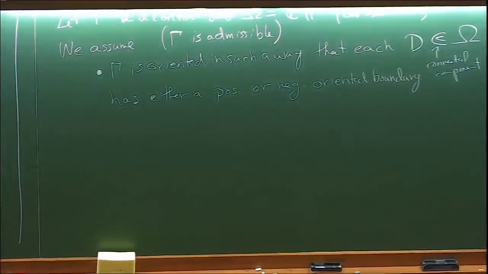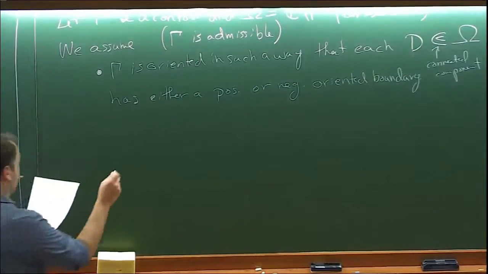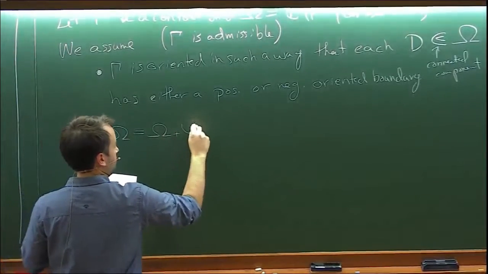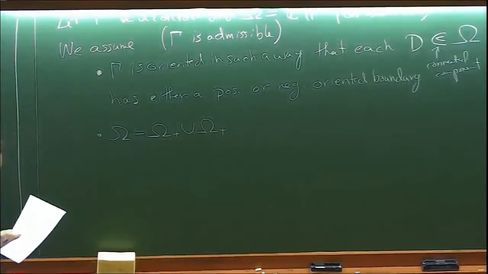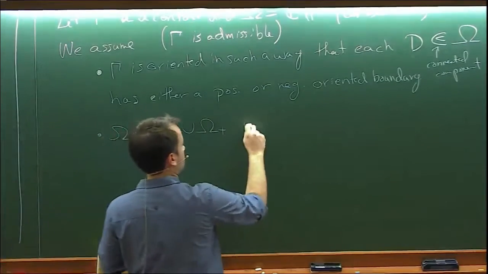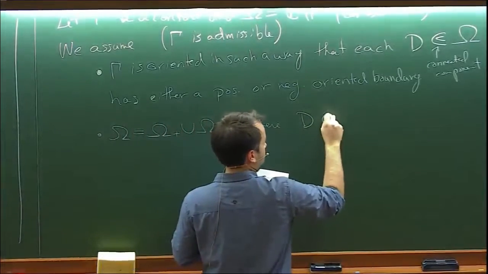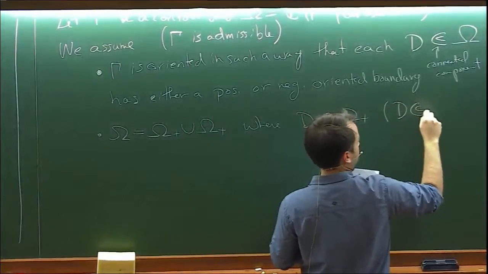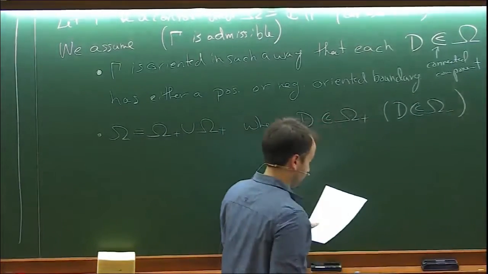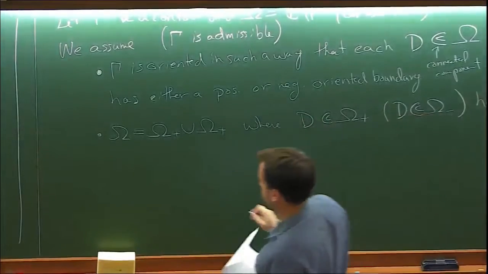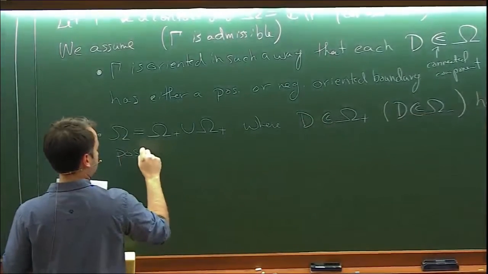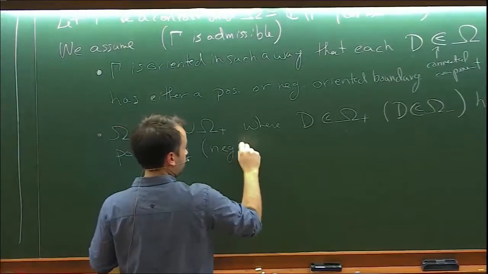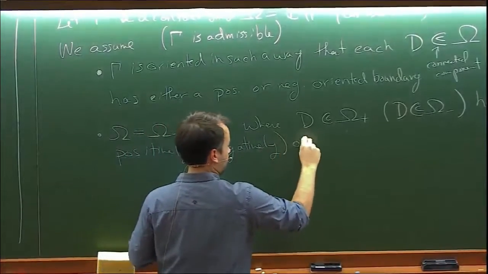I'll draw a picture in a second. This is really a consequence of this, but we decompose this into two disjoint pieces, where D being a connected component of this, respectively of this, has positively, or respectively negatively, oriented boundary.